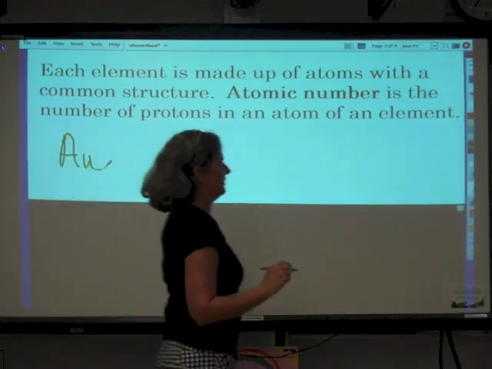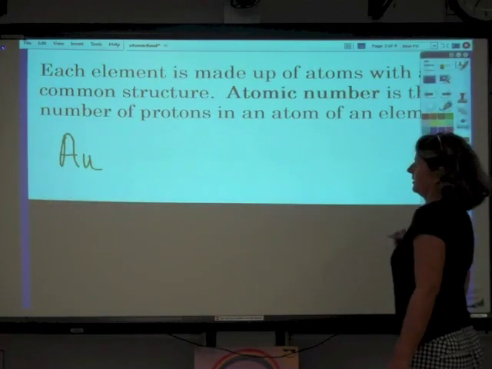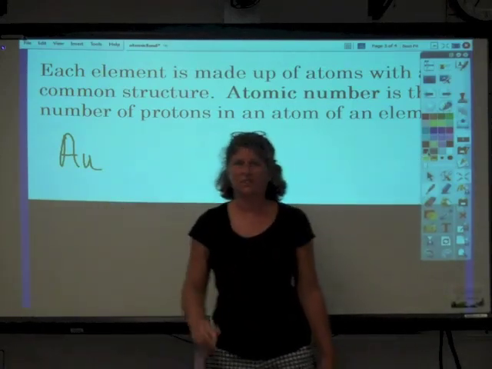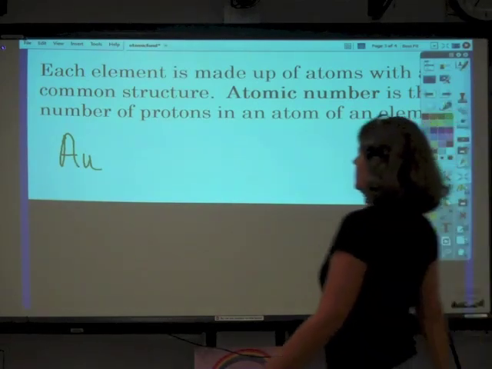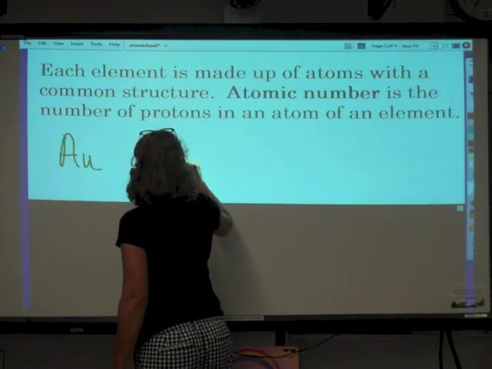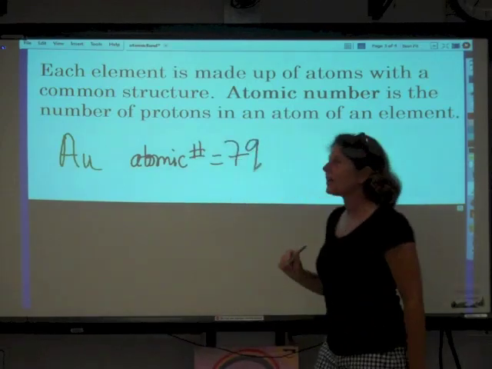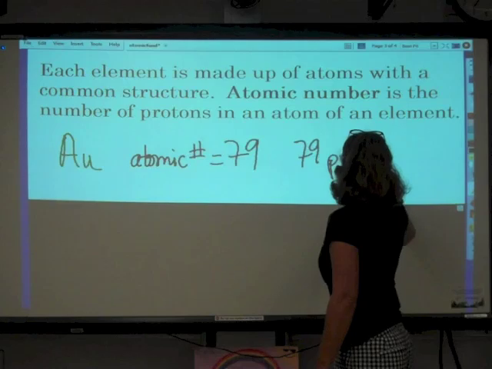I want it to be green. There, I want you to be able to see it. Okay, so its atomic number was, what did I say? I don't remember. Its atomic number is 79. That means that gold has 79 protons.